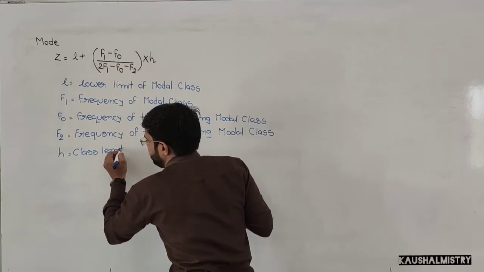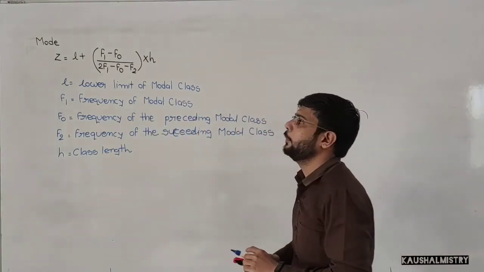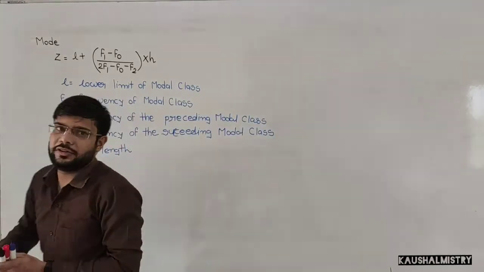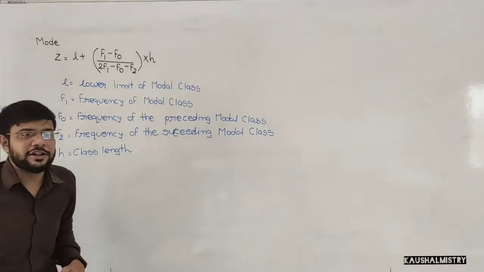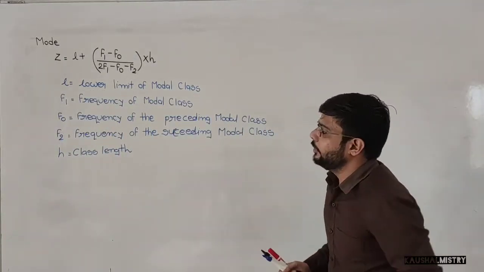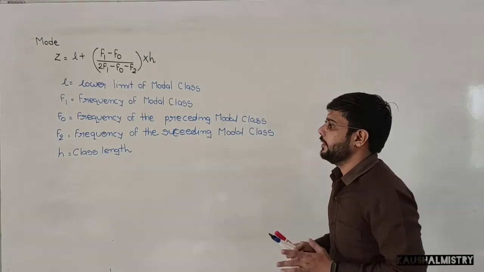This will be the formula of mode. So Z is equal to L plus (F1 minus F0) multiplied by H upon (2F1 minus F0 minus F2).